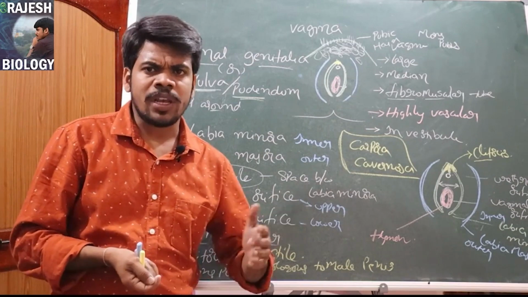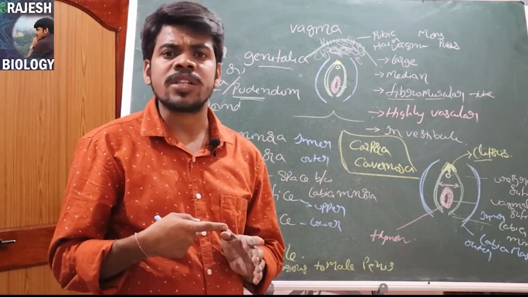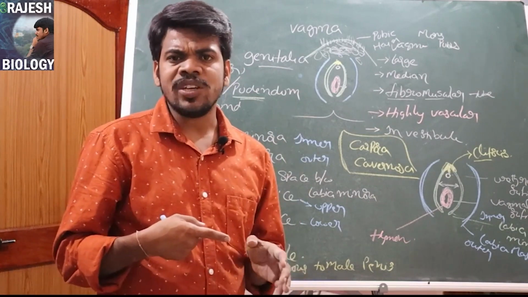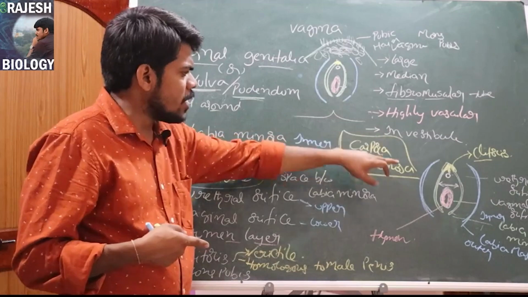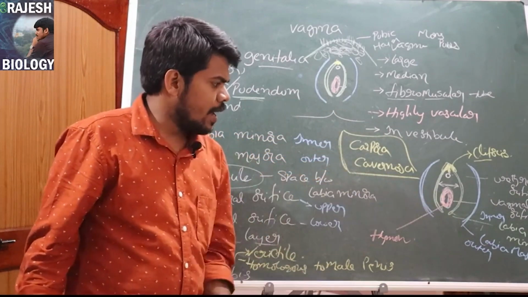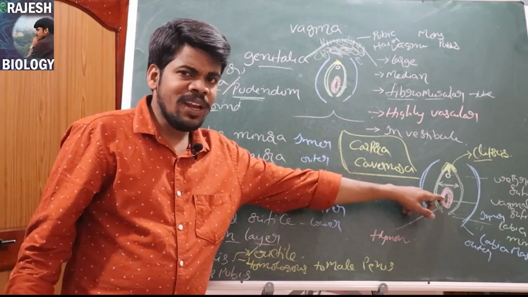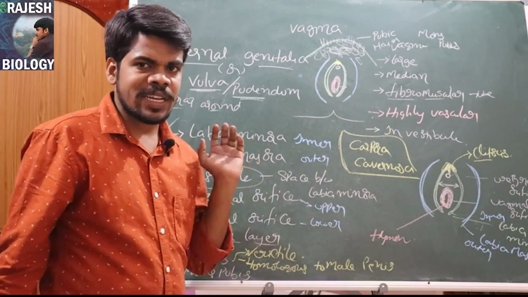So just try to recall once. The vagina is a large, median, fibromuscular, tube-like structure, and it opens out in the vestibule with the vaginal orifice. It is internally lined by non-keratinized stratified squamous epithelium. That is the vagina.